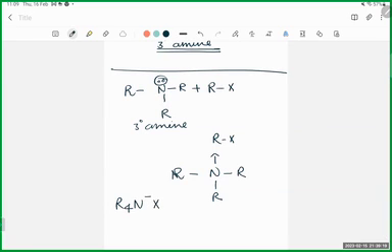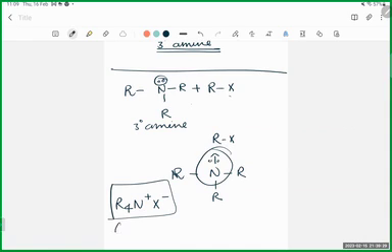R4N plus X minus. Since R goes in, the lone pair is now shifted. This is how we get a compound. What do you call this? Quaternary salt. Why is it quaternary? 4 alkyl groups are there. And why is it salt? Because both the ions are present. Did you understand? Yes, ma'am. Okay.